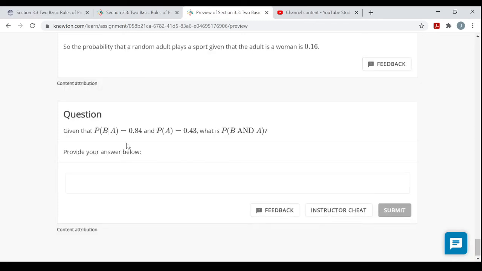All right, so here, we're given that the probability of B occurring given that A has occurred is 84%. The probability of the event that happened, A, is 43%. They're asking what's the probability of B and A occurring at the same time? So again, back to the paper here.